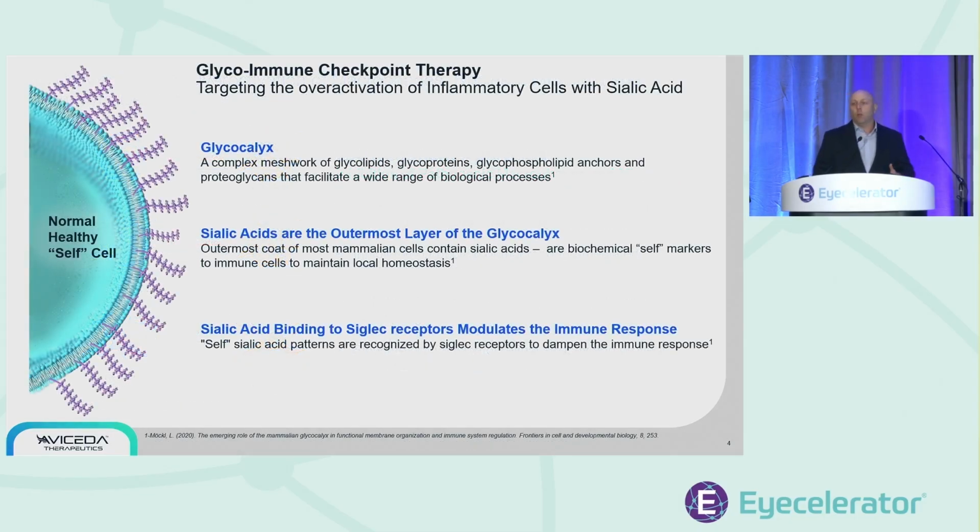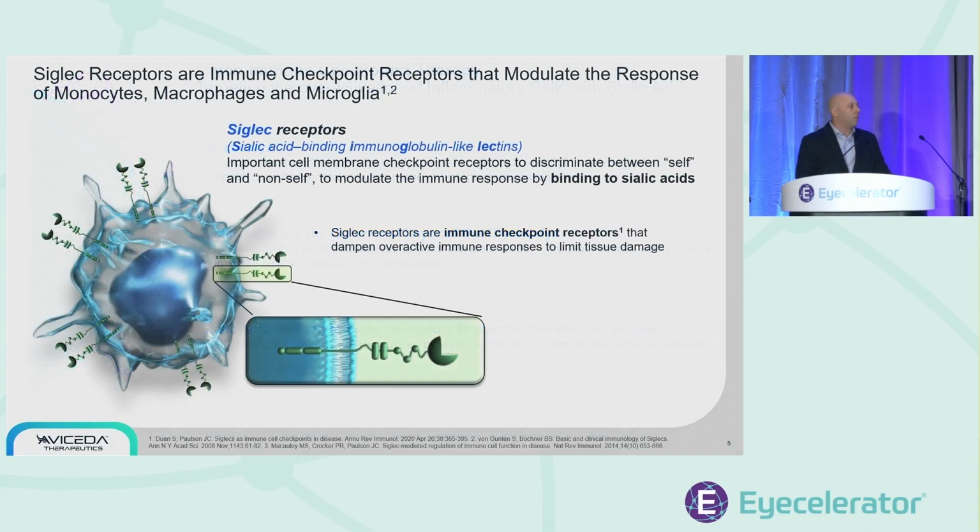Going back to our cell biology that we were taught in high school, I want to kind of revisit this concept of the glycocalyx. All of our mammalian cells have glycoproteins on the outside of their cell membranes. These are important in maintaining that homeostasis. Sialic acid residues are the outermost layer of the glycocalyx, and these sialic acid residues bind to siglec receptors that are on all of our immune cells.